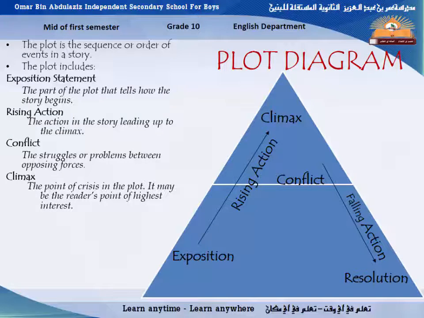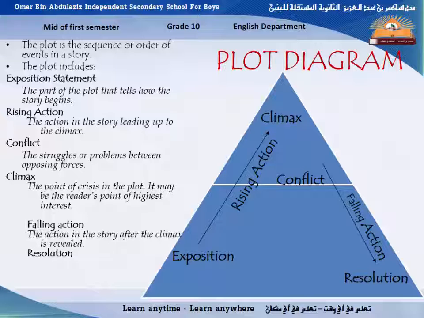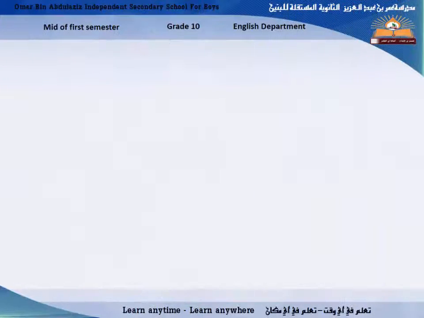The climax is the point of crisis in the plot. It may be the reader's point of highest interest, and the falling action is the action in the story after the climax is revealed. The resolution is the part of the plot that reveals the final outcome of the story.